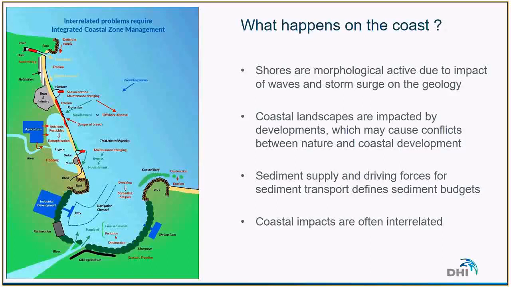And to understand all these processes, we are lucky because today we have a better understanding of the physical processes themselves. We also have access to much more field measurements, and we also have numerical models that are enabled to help us predicting the shoreline evolution.